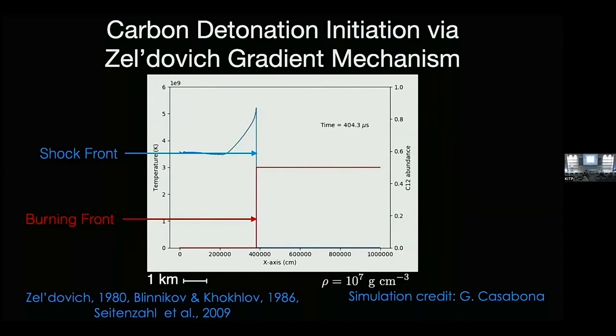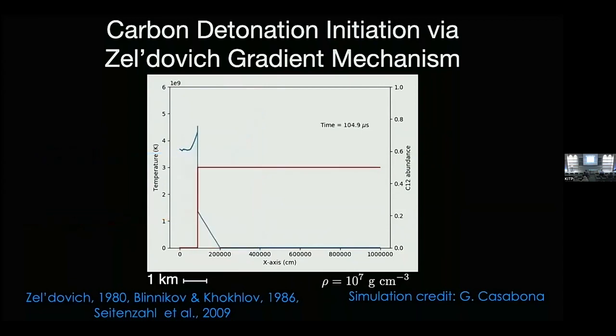A movie of what this looks like if one starts the burning at the center of this peak of the temperature gradient: the burning front and the shock front propagate down the ramp and successfully lead to a detonation.